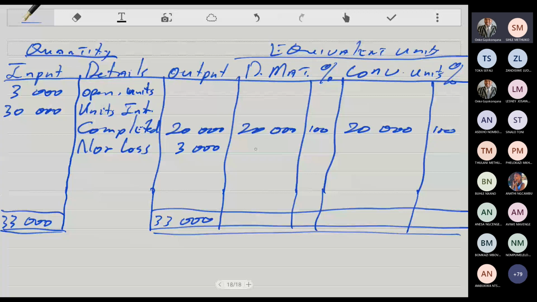So that simply means that there's nothing that we are going to allocate to our material column for those units, because the loss occurs at the beginning. Then also the conversion, there was nothing that was converted because it was still at the beginning of our production process.